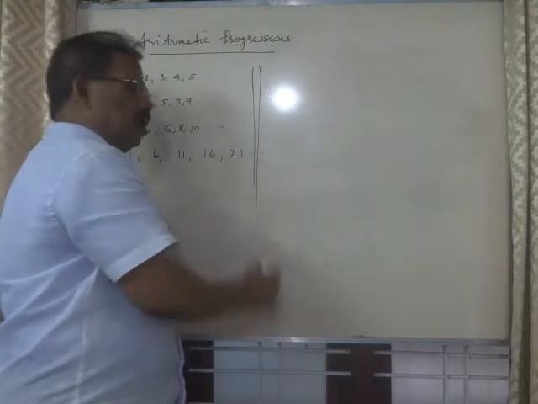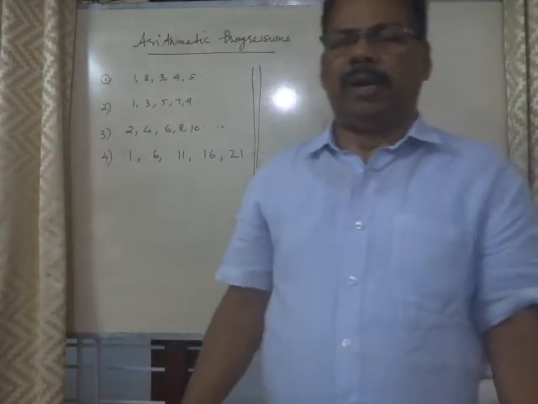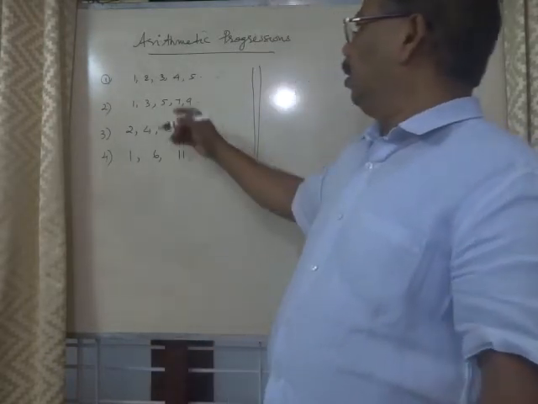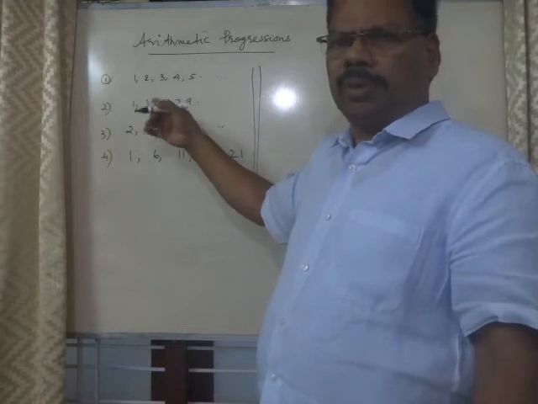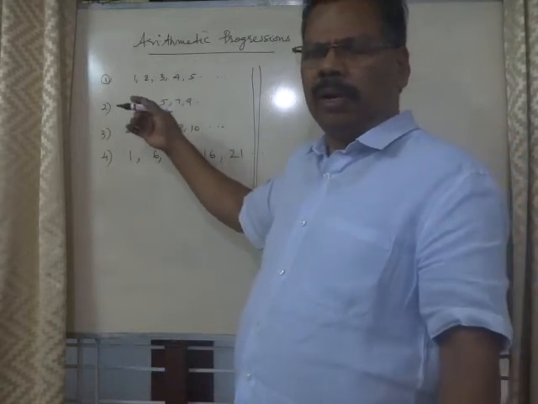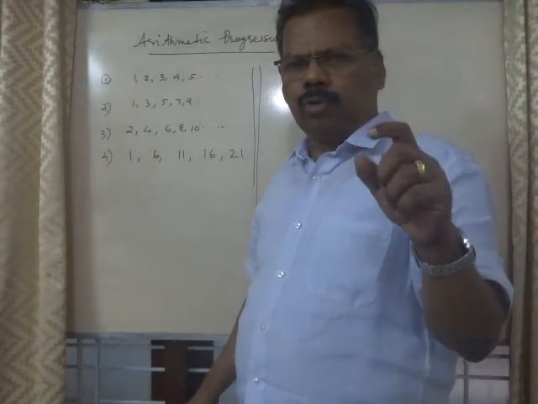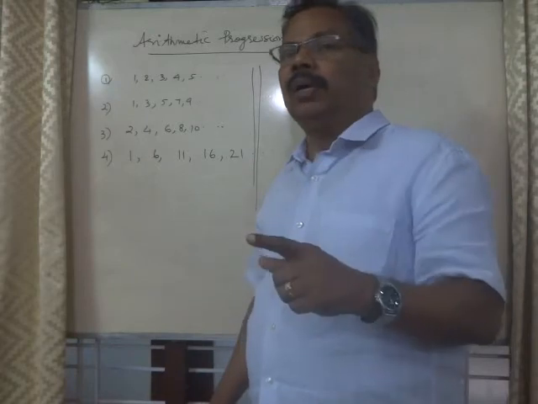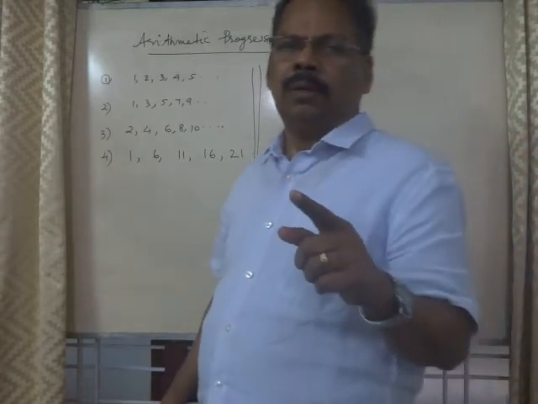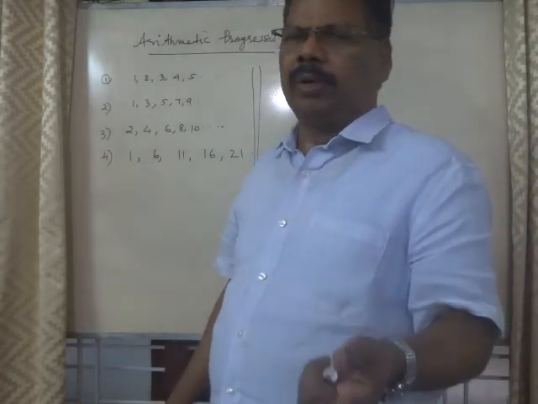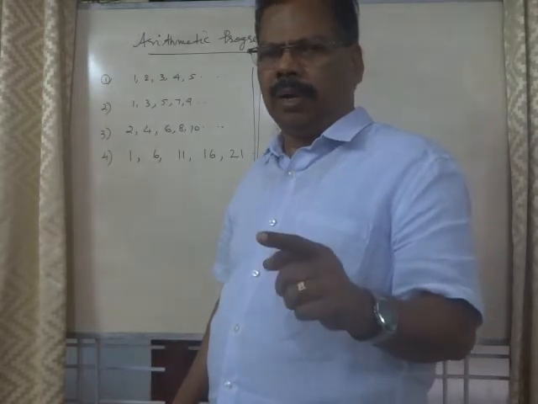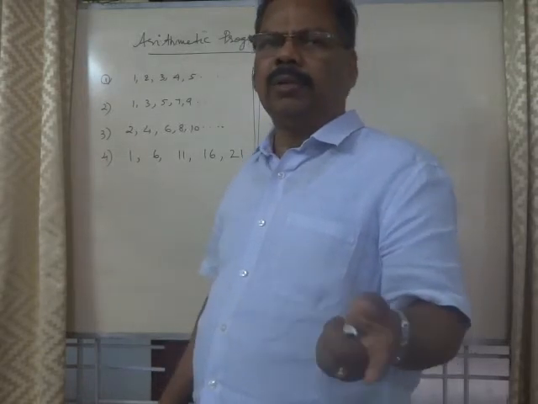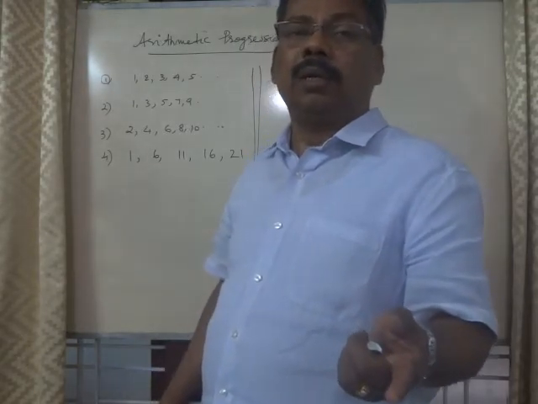These sequences are arithmetic progressions. How? If the consecutive terms in a progression differ by a particular number throughout, I repeat, if the consecutive terms in a progression differ by a particular number throughout the series, then it is called an arithmetic progression.